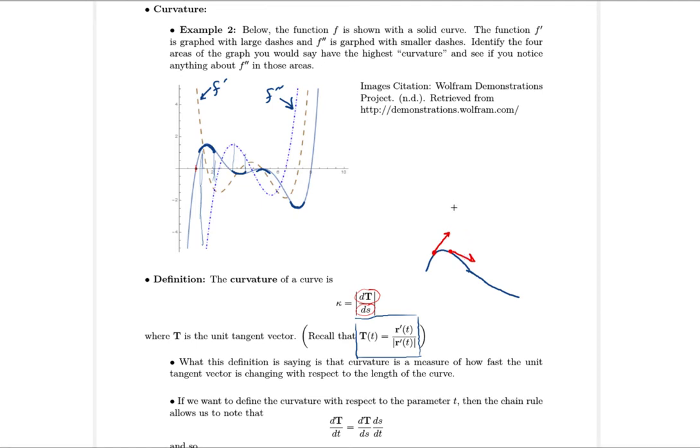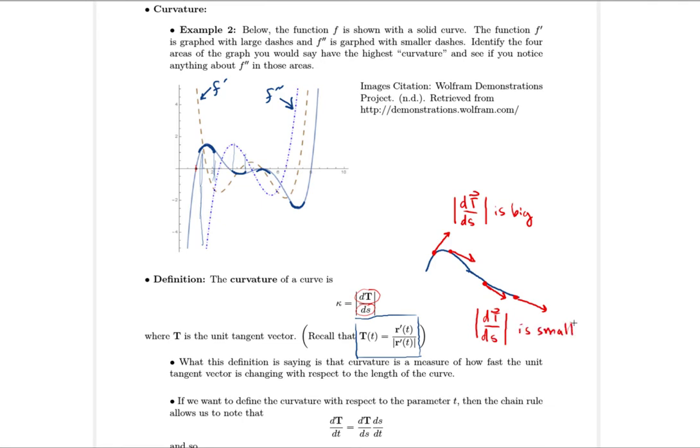So what we can say is that this quantity is big because there's a huge change in the unit tangent over a very small arc length. Whereas down here, where you have a lot less curvature, there hasn't been a very big change in the unit tangent as you change the arc length.